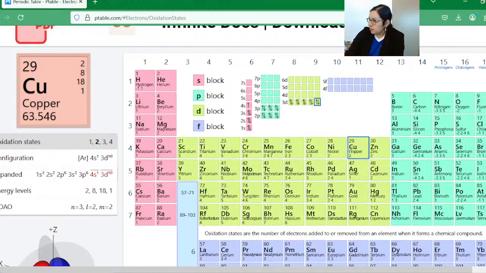And then copper, notice, you have another exception where it's apparently more favorable to pair the d orbitals, some sort of energetic favorability. And then it leaves one lone one in the 4s. Again, I don't expect you to remember that, but if it comes up or you're seeing it now, just understand it's from those energy levels being so close. And then zinc is normal.